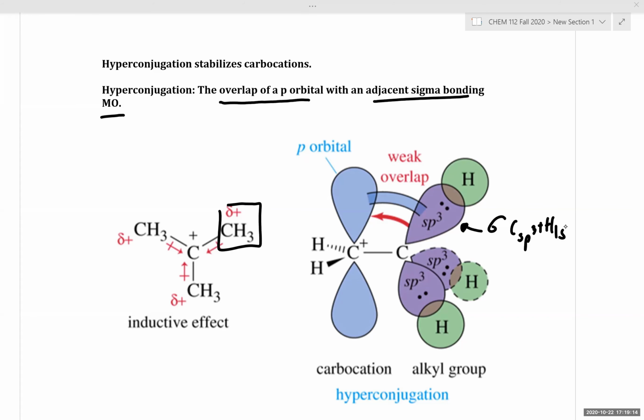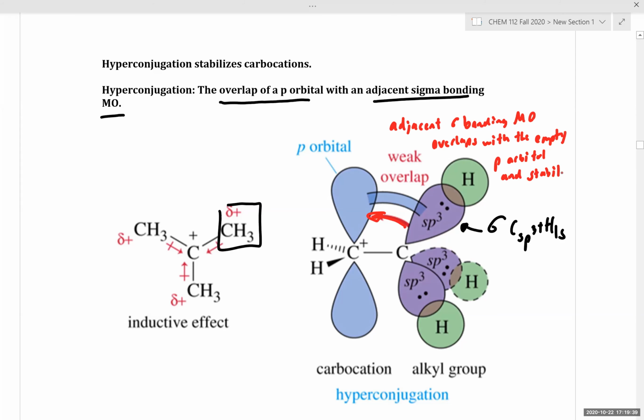What this red arrow is trying to convey is that our adjacent sigma bonding MO overlaps with the empty p orbital and stabilizes the empty p orbital. This in turn stabilizes our carbocation.